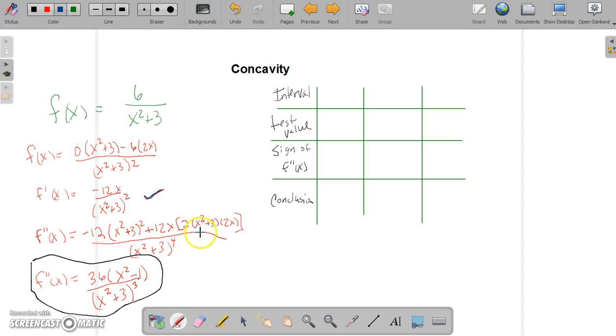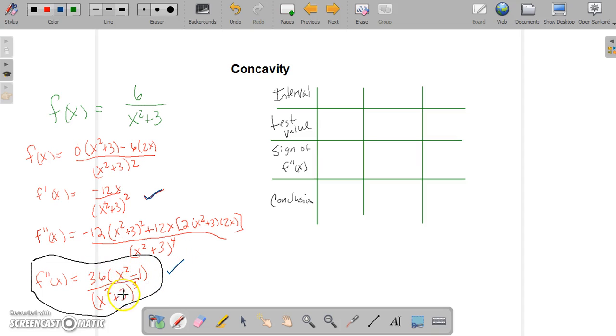This gets very complicated, so if you're having some trouble simplifying this, let your calculator help you. Your calculator can help you find the derivative or simplify. You can type this in and your calculator will actually simplify for you to get to here. So don't spend so much time simplifying, just let your calculator do some work for you.